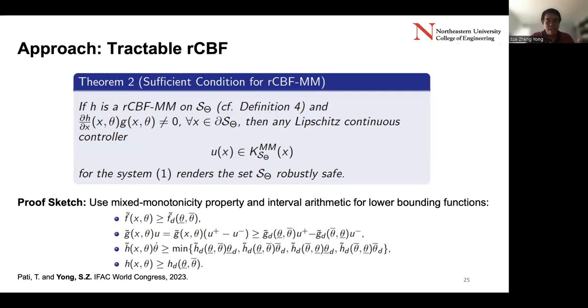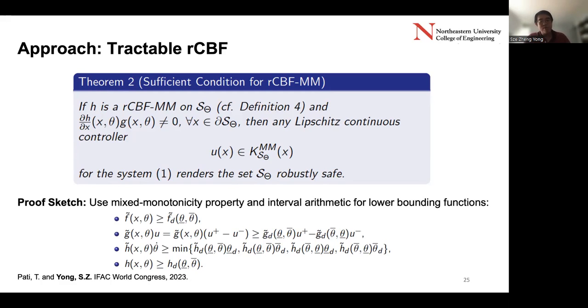Just to give you a brief sense of what it is that we are using, we essentially use the mixed monotonicity properties that I talked about, and we also use interval arithmetic for lower bounding the functions when we have nonlinear functions that are not in a form that would be very tractable to compute.